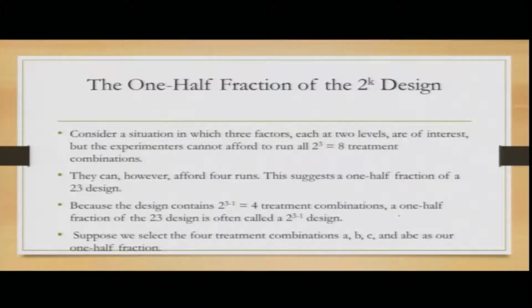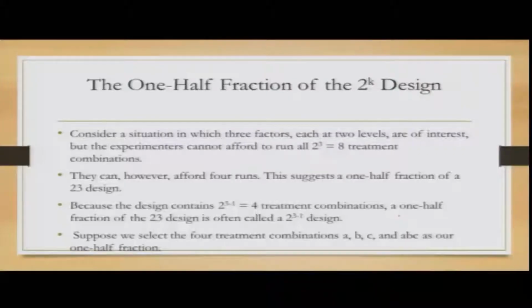This suggests a 1/2 fraction of a 2^3 design, because the design contains 2 to the power 3 minus 1 runs. So, the power which you are taking is 3 minus 1, hence the total combinations of the experiment would be 4 in number and not 8.